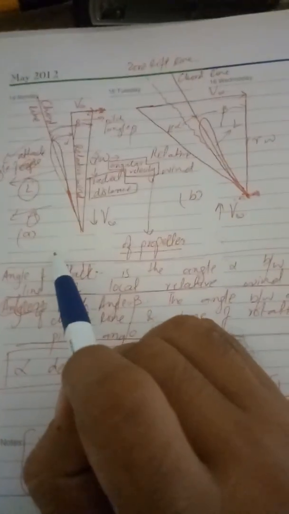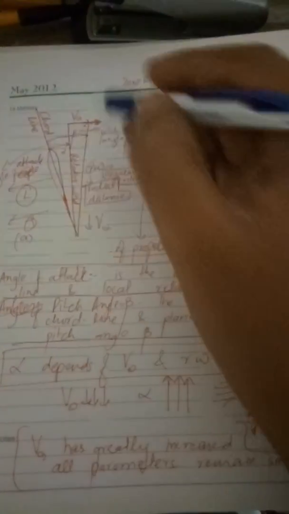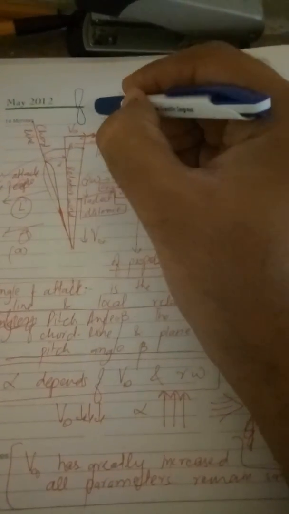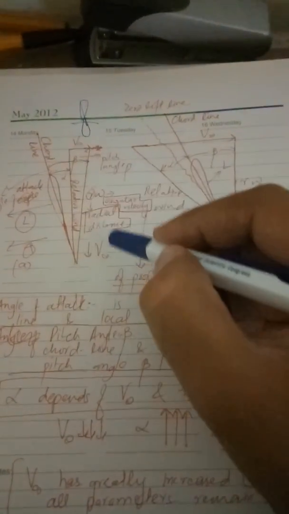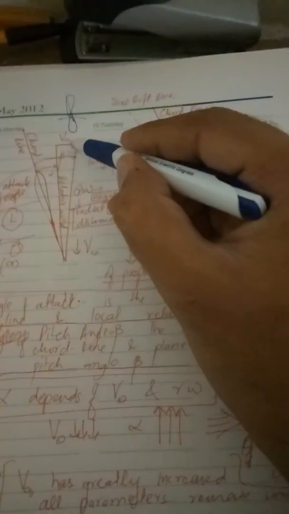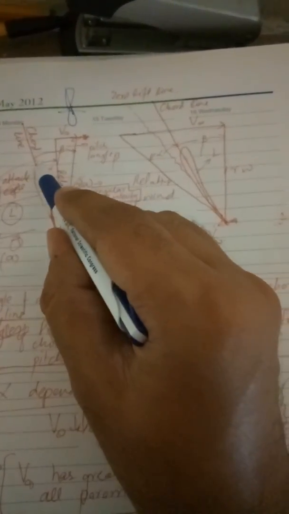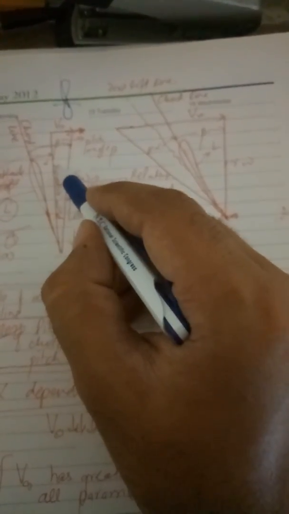First, in case of A, this is known as the propeller. Normally it is in this form, so we are discussing this propeller and the information over here. This is the chord line, and this is the relative wind. This is alpha and this is beta. Alpha is relative to the relative wind.